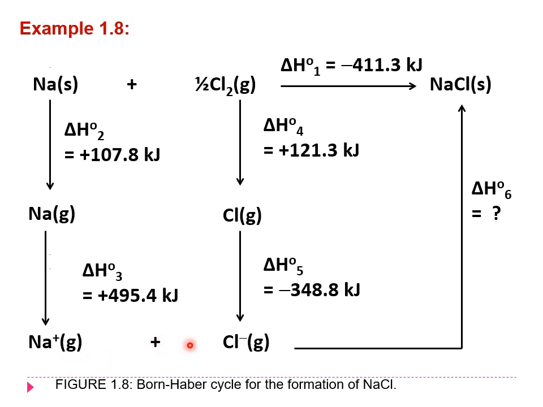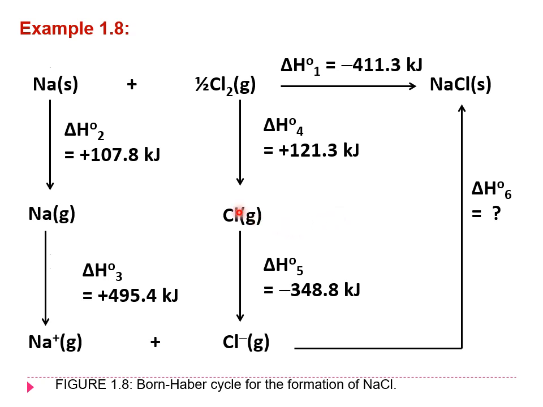So this is actually a complete cycle. In Hess law, we learn about energy cycle method. Born-Haber cycle is a type of energy cycle method whereby we are going to apply Hess law in this cycle.